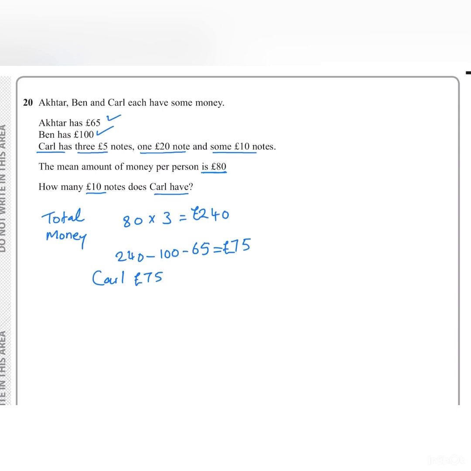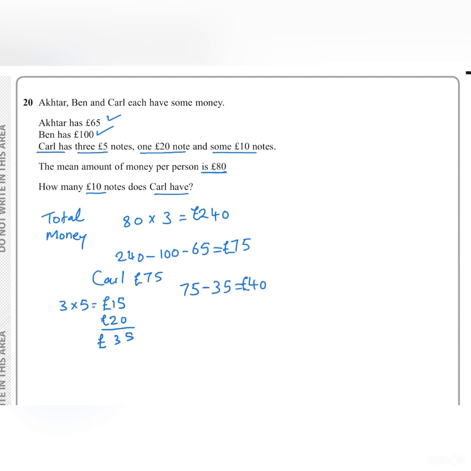So Carl has £75. Okay. Now he has 3 £5 notes. So 3 times by 5, that is £15. Then 1 £20 note. So we can add 20 to that. So that is £35. And then if we did 75 minus 35, that leaves us with £40.